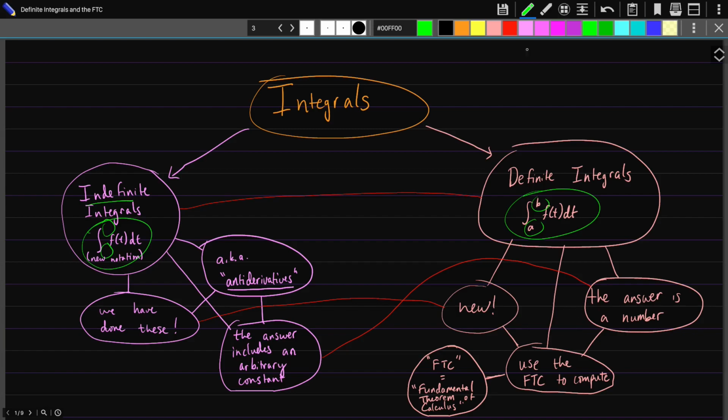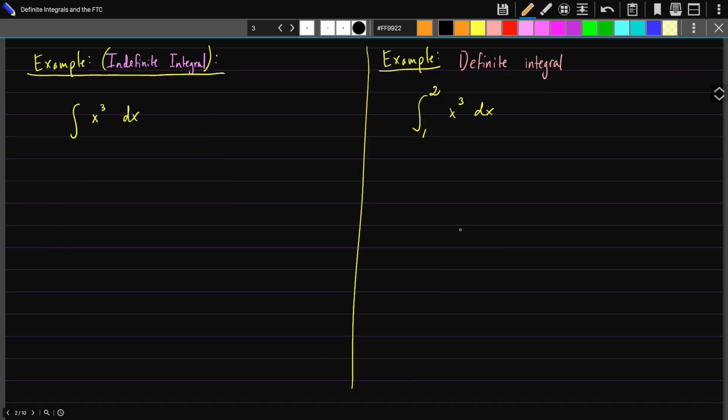But before we do that, I'd just like to go over a quick example of both types of integrals. Now, I don't expect you to be able to compute these on your own yet. You probably have no idea how. But I just want to give you a feel for what these computations are eventually going to look like. So this indefinite integral here is asking us to compute an antiderivative of x cubed. What is an antiderivative of x cubed? Well, x to the fourth over 4 is one.